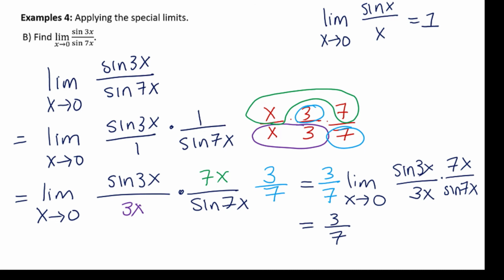Sine of 3x over 3x as limit approaches 0 is 1. Same thing for 7x divided by the sine of 7x. So our limit is 3/7.